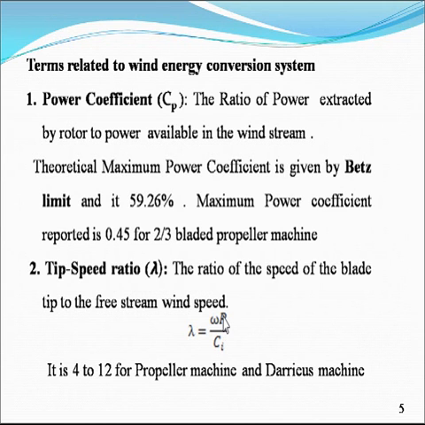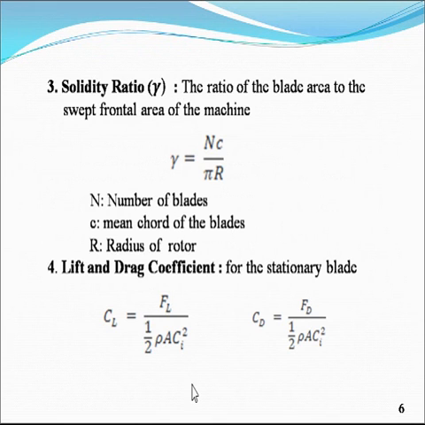So the length of the blade times angular velocity is the tip speed of the blade, divided by wind velocity, is the tip speed ratio. This tip speed ratio varies from 4 to 12 for the propeller machine and Darrieus machine, and is low for the multi-blade and the Savonius rotor.